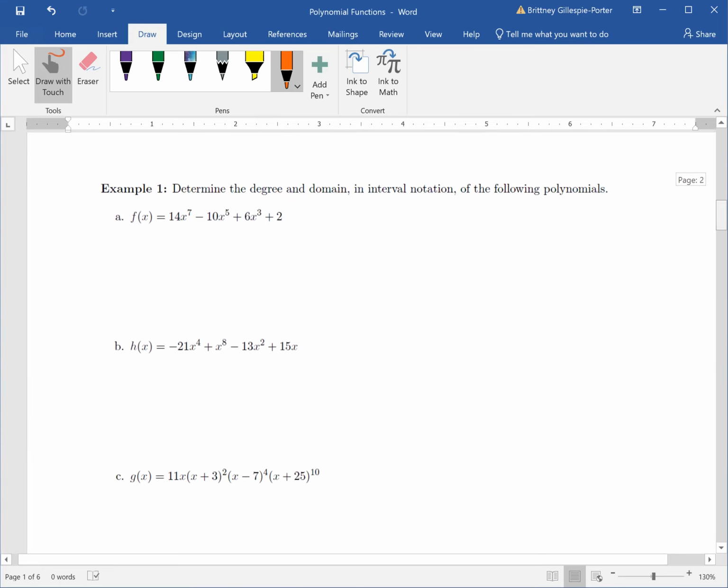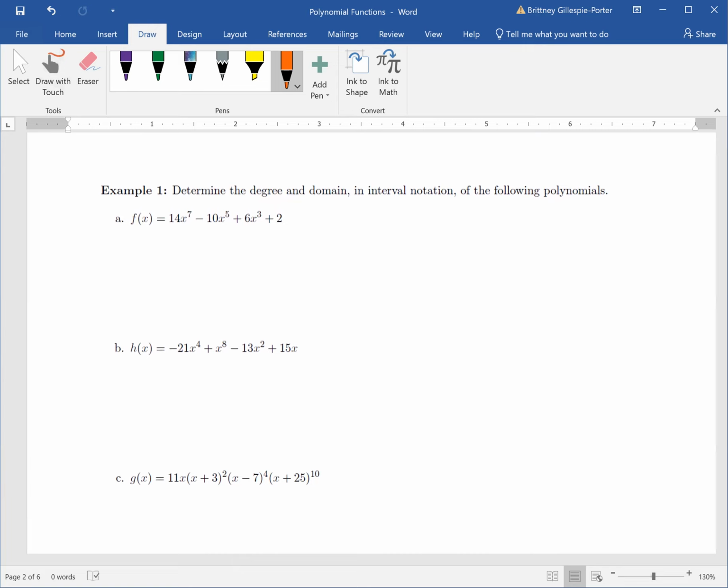So let's go through example number 1 here. It says determine the degree and the domain in interval notation of the following polynomials. Your very first step with these, you have to determine what form you have. Do you have standard form or factored form? So think to yourself, do I have parentheses in part A?